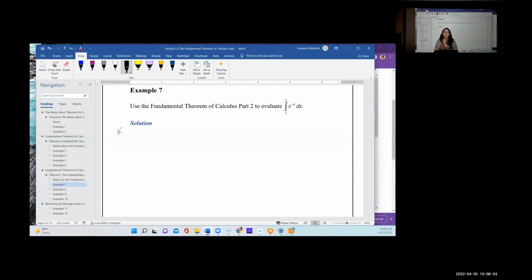We only have a few rules to evaluate antiderivatives. We have the power rule. We have the integral of e to the x is e to the x. We have the integral of 1 over x is natural log of the absolute value of x. We have the integral of sine is negative cosine, and the integral of cosine is sine.